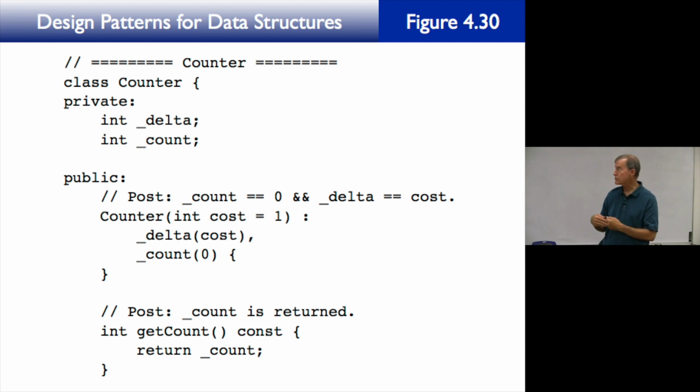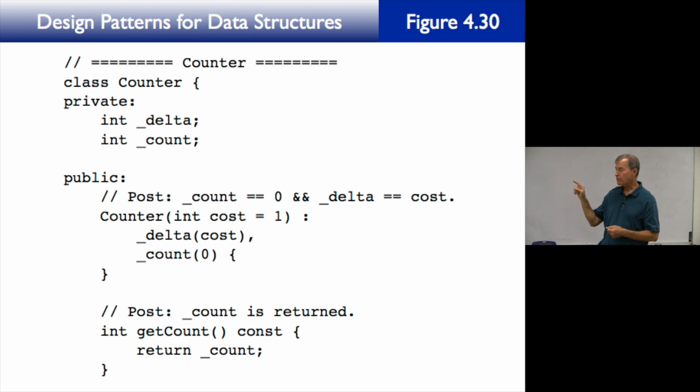Figure 4.30 shows we have a separate class called a counter. And what does a counter have? A counter has a delta, which is an int, and a count, which is an int. Now you see that delta?